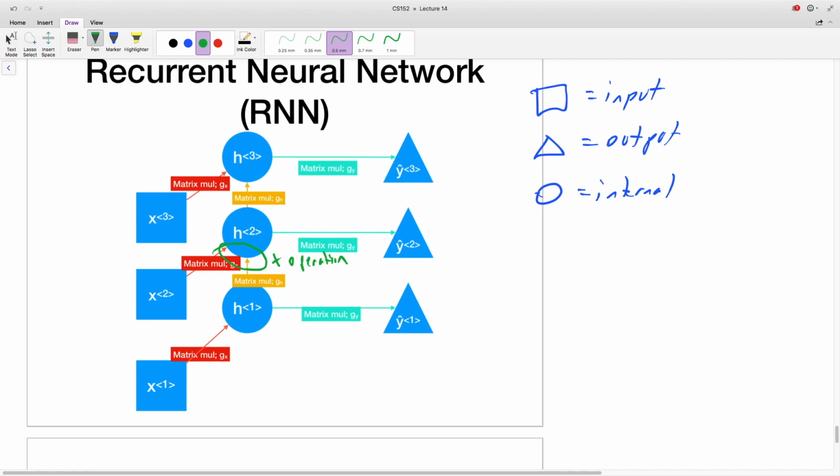But we would just want to do the same thing to each of the inputs, and the same thing to each of the outputs. So from x to hidden, same weight matrix every time. From hidden to y, same matrix every time. And from hidden to hidden, same matrix every time. Does that make sense?